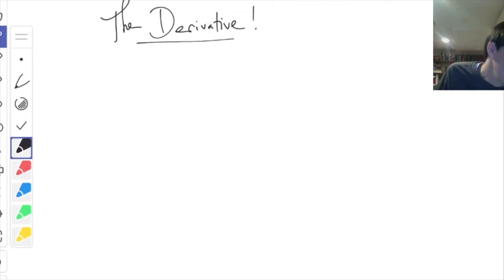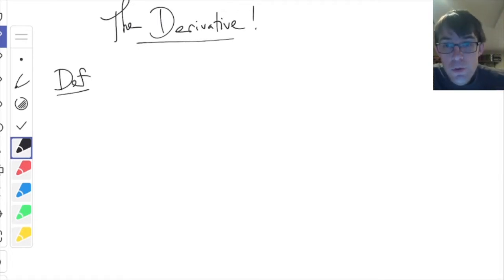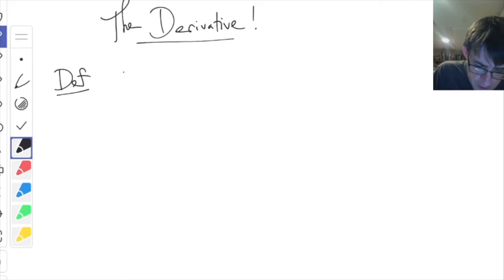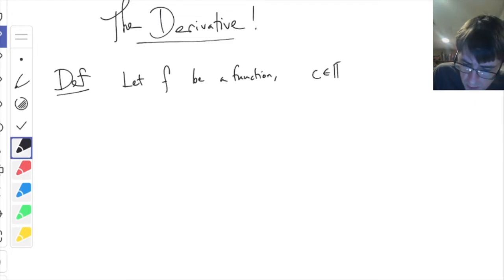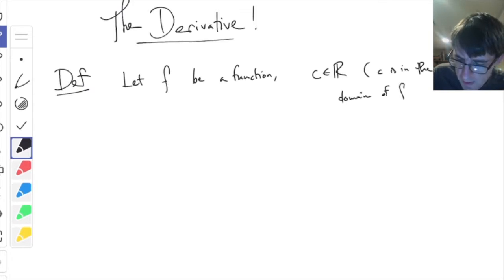So we are going to start with a definition, and we're going to use the usual definition of the derivative, the same definition that you would have seen in a calculus class. So I'm going to say let f be a function and c be a particular real number, where c is in the domain of f, of course.